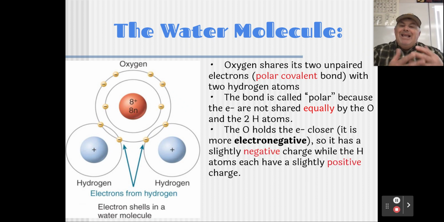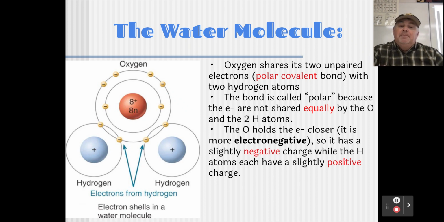However, they're not equal in their sharing. It's like if you're sharing your cookie with maybe your friend and you eat 75% and you give your friend 25% of the cookie, you're sharing, it's just not equal. And same thing here. Water has the ability to share these electrons, but it's really not that equal.